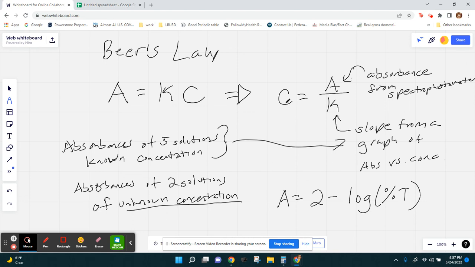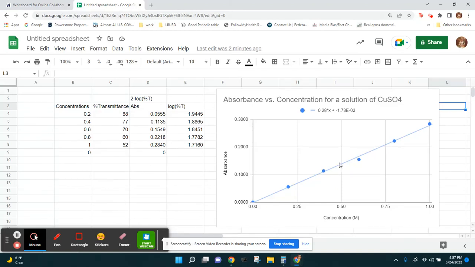So you have a cholesterol of like 200 milligrams per deciliter. We use molarity, but they can use whatever units they need to use. Okay, and that's how you make your graph, and that's why you need to make your graph.